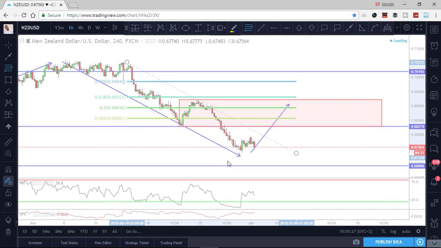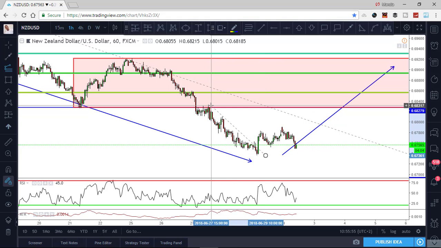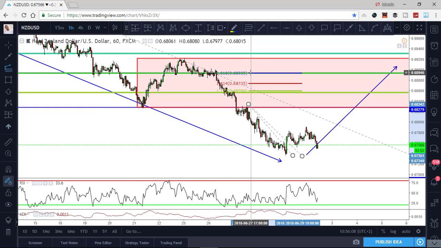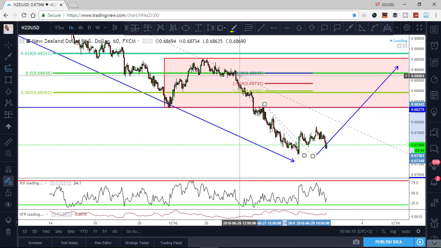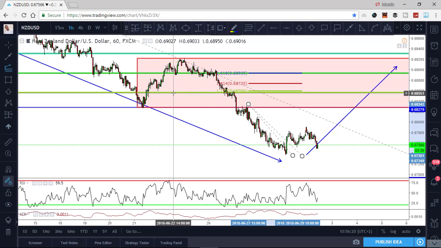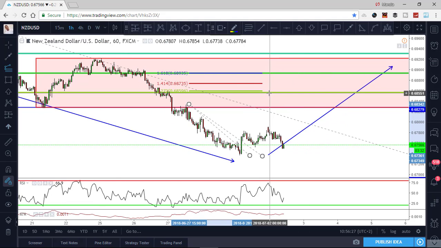If I go to my 1 hour time frame, okay, if I take this Fibonacci extension to invert it back to our previous impulse, you would notice our Fibonacci 1618 inversion aligns with that 50% retracement we got on a higher time frame. Our 127 extension inversion aligns with our 382 retracement that we had on the 4 hour time frame.